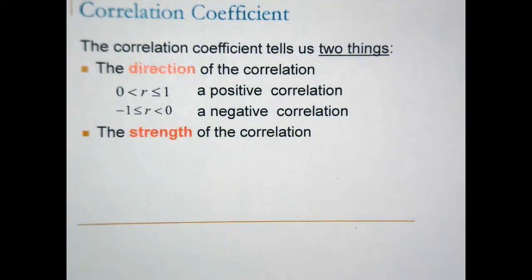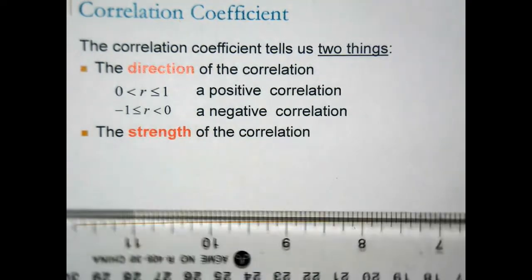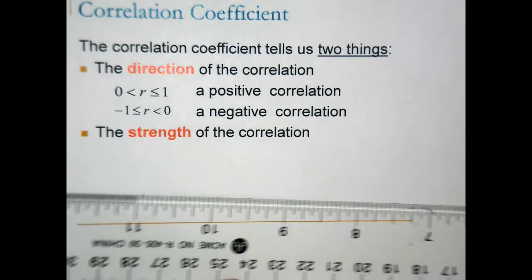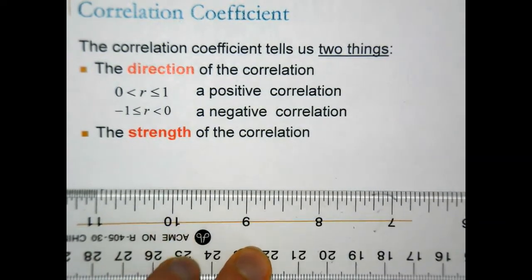So by looking at the sign of this number, you will know what kind of correlation you have. It will also tell you about the strength of the correlation. So I am going to show you a spectrum here.